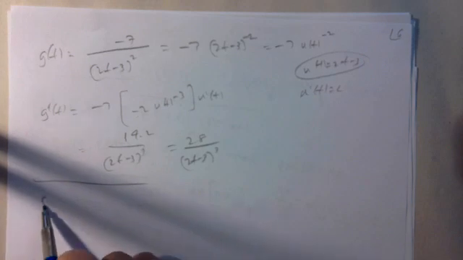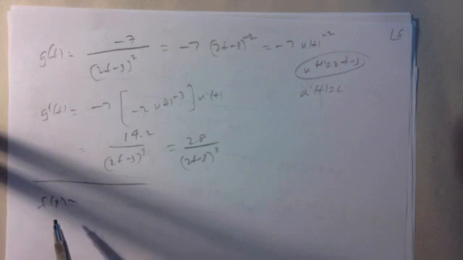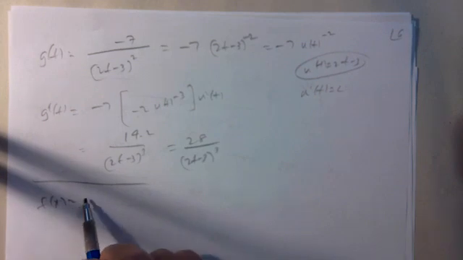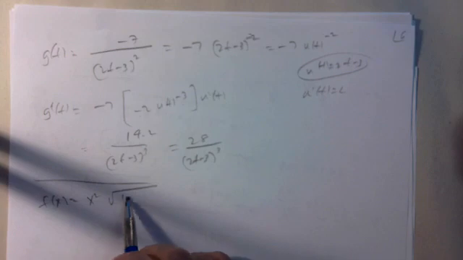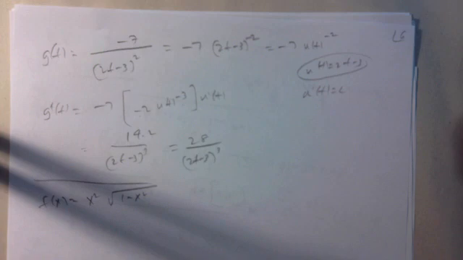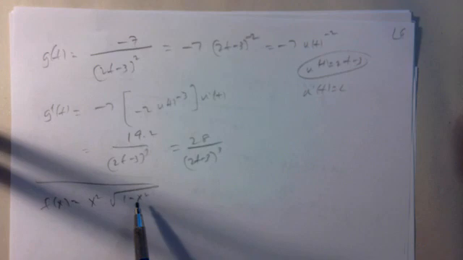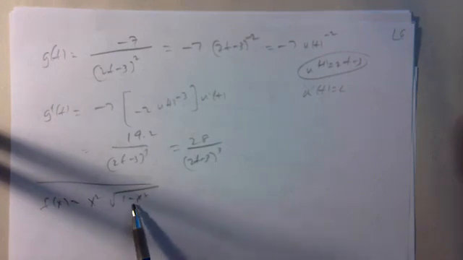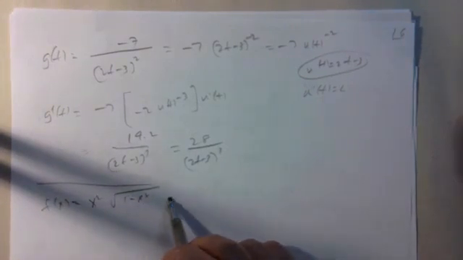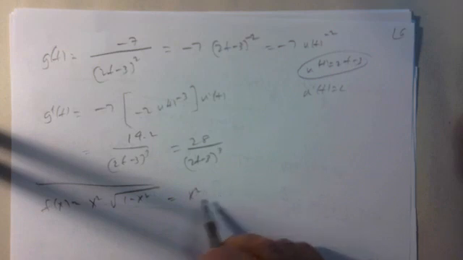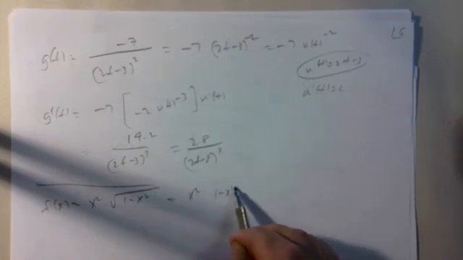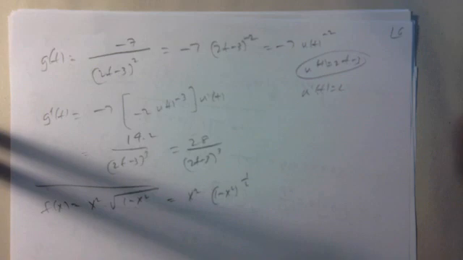Let's look at one more example. Suppose f of x is x squared times the square root of 1 minus x squared. So this is a product times something that's a composite function: x squared times (1 minus x squared) to the half.